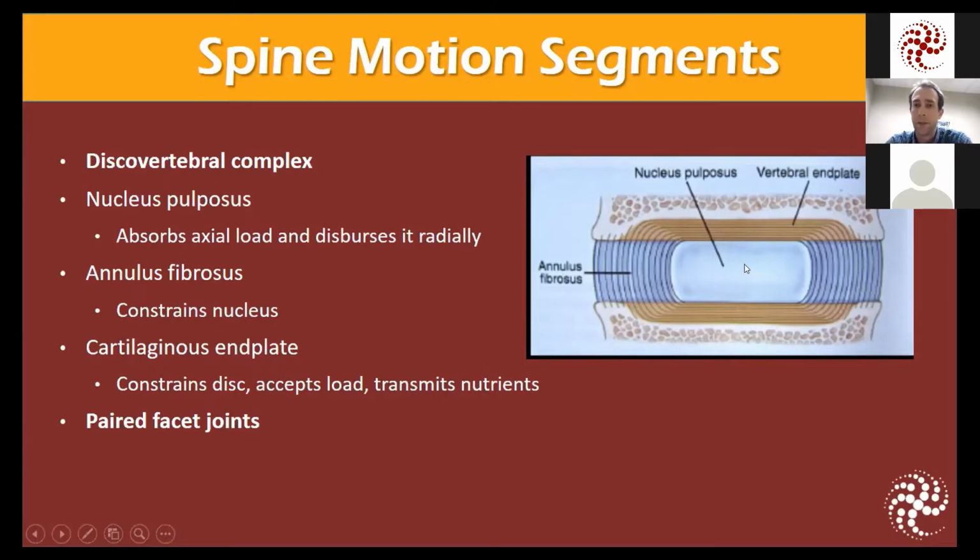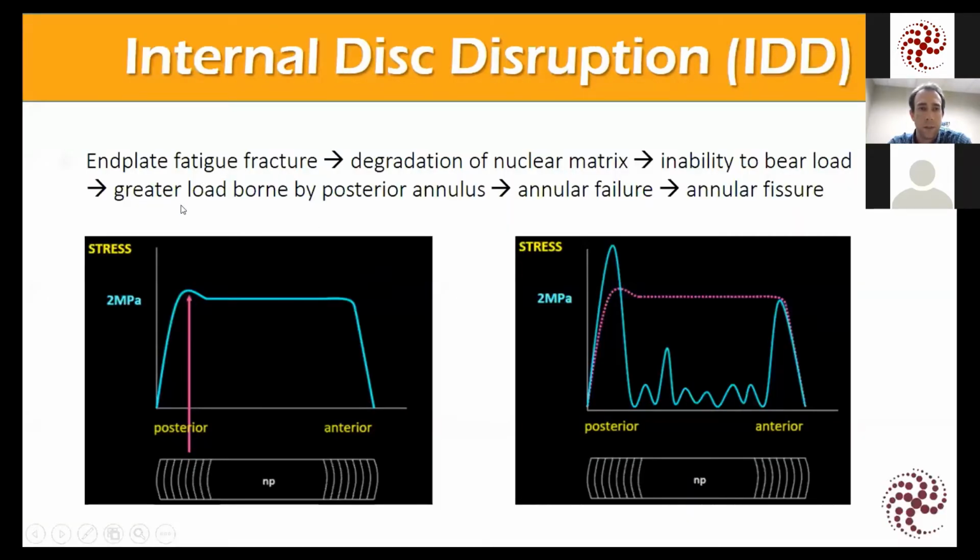There's a lot of connective tissue in there that helps maintain the ability of the disc to bear load. And a lot of the integrity of that nucleus is maintained through this cartilaginous end plate. You get diffusion of nutrients and water through the end plate. And when you get a disruption in that end plate, that weakest part of the disc, you start losing your body's ability to maintain the integrity of that nucleus. And then this next slide will show you what happens with that.